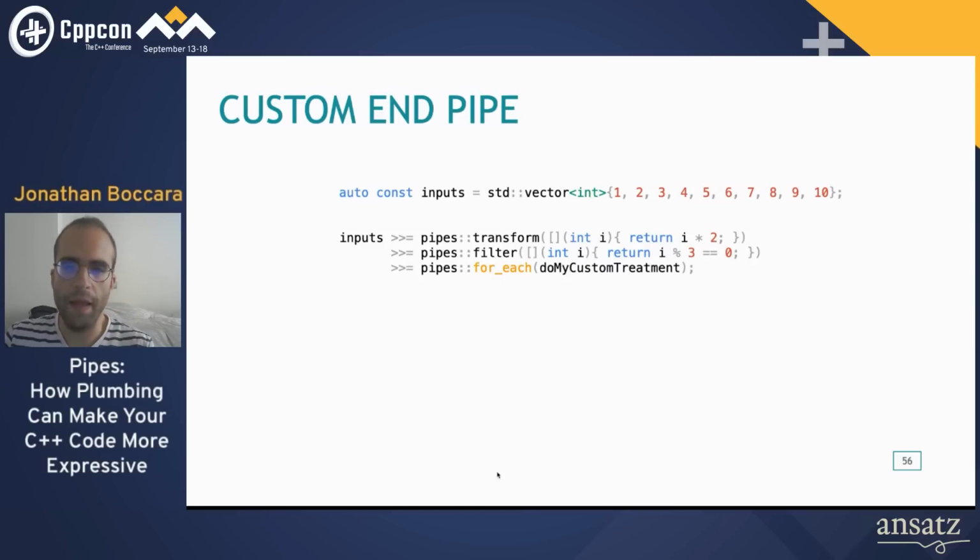To work around that, you can just do anything at the end of the pipeline with for_each. So for_each takes a function and passes what comes its way to that function. So perhaps my custom treatment consists in inserting data to, for example, a legacy collection, which lets you have some part of your code that's modern, even though some of it is still legacy.